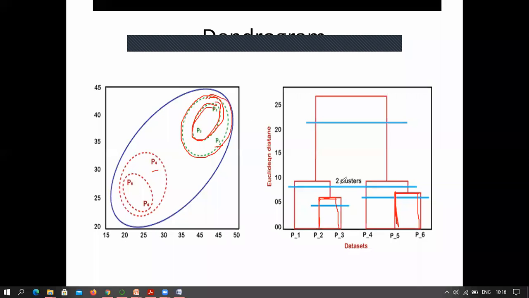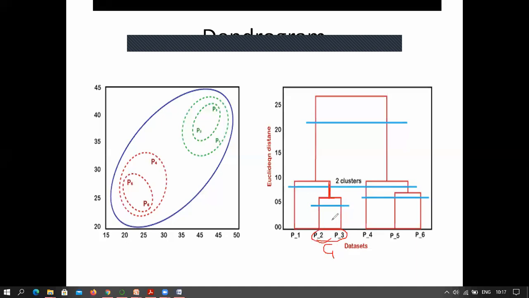Now how to combine them? This is a new step. In this rectangle, on this horizontal line, you find the middle point and take a line from this middle point. This line represents the cluster, suppose C1.